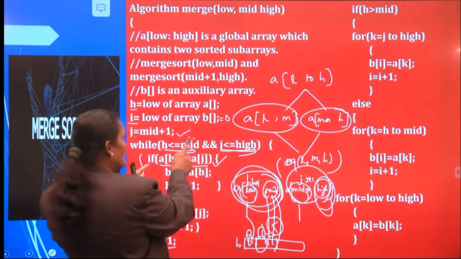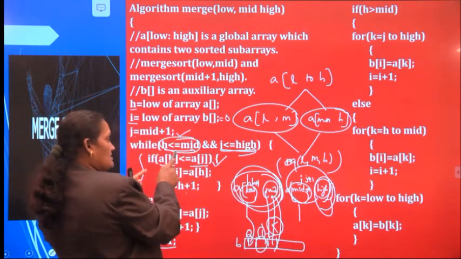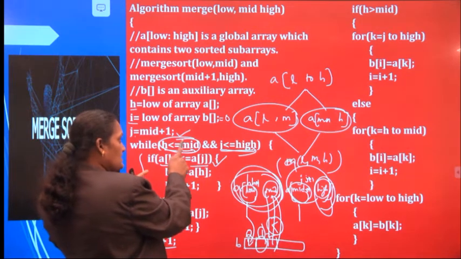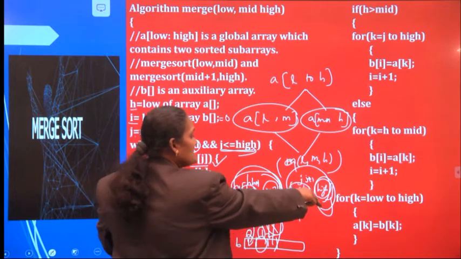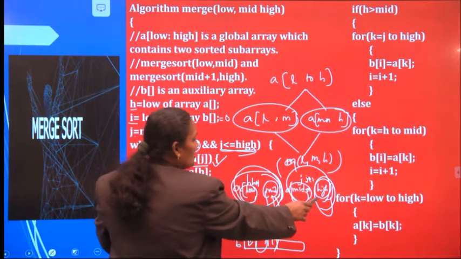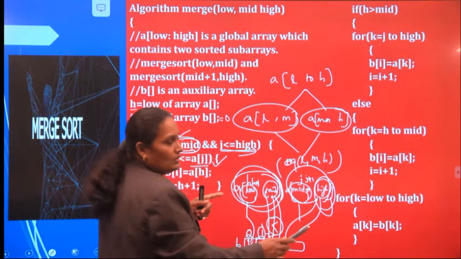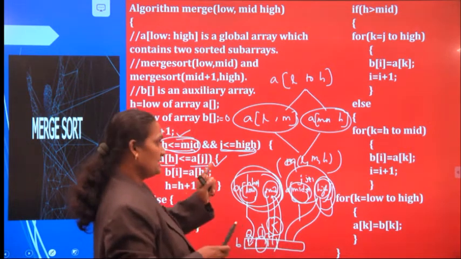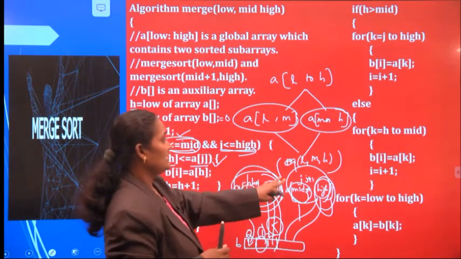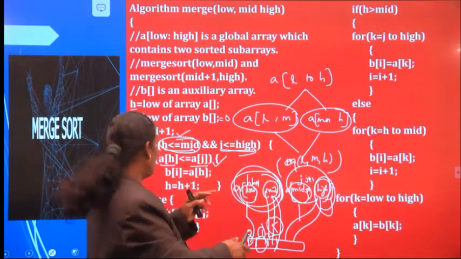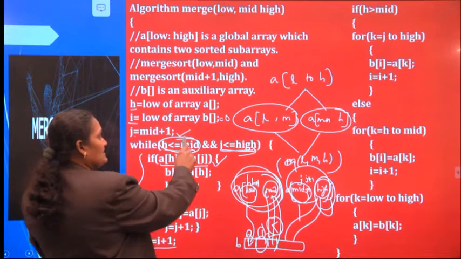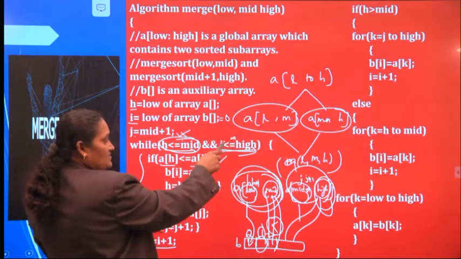If this condition does not hold, then this condition holds definitely. So some elements may be present in this subarray, and those elements should be directly copied to B. So I am checking which is reached, whether H reaches mid. When we come out of the loop, either this condition fails or that condition fails.